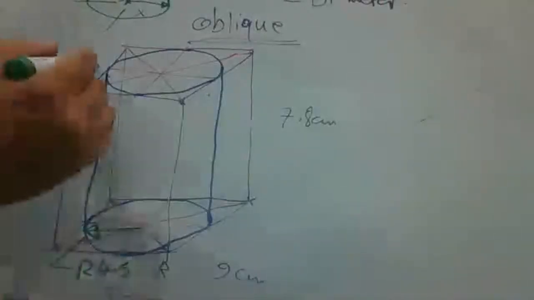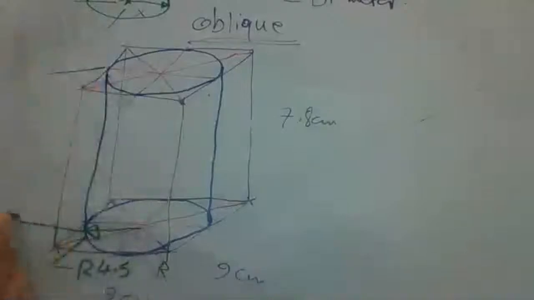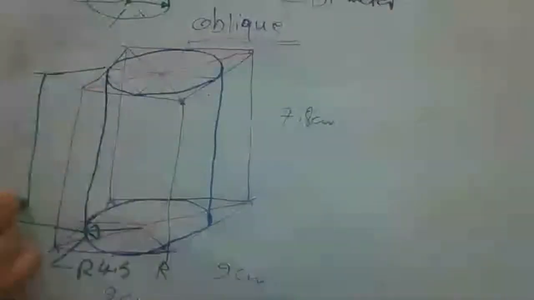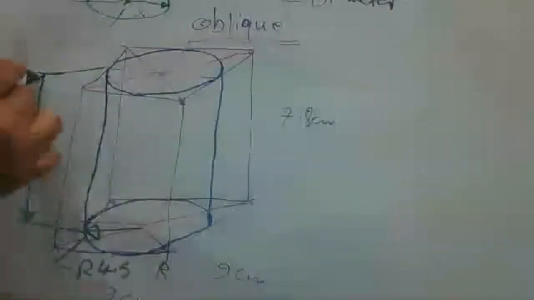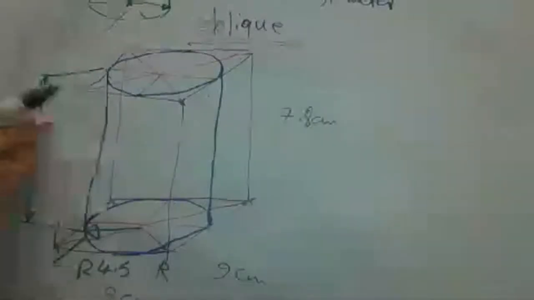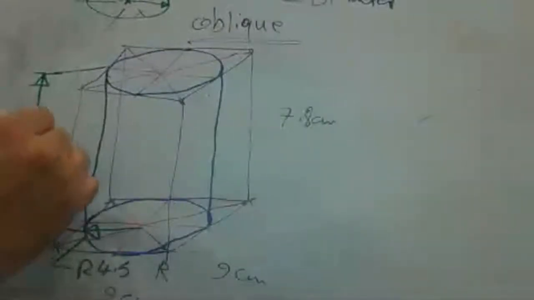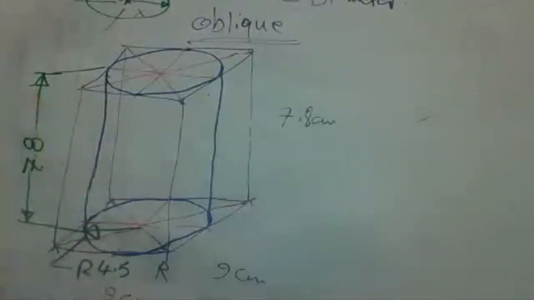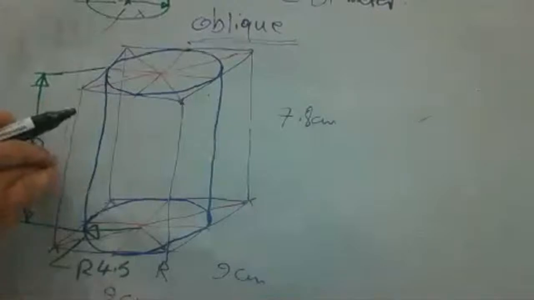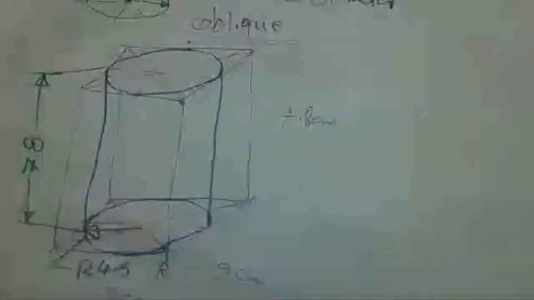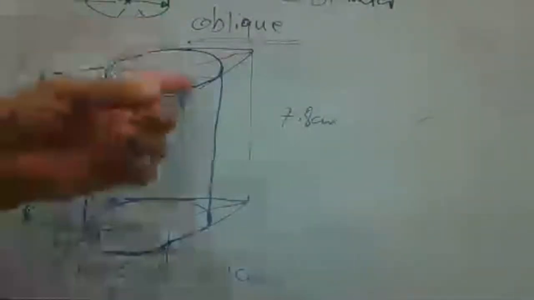Okay, and this is the height of the cylinder, equal 7.8. This is the pictorial of the cylinder using the oblique method.